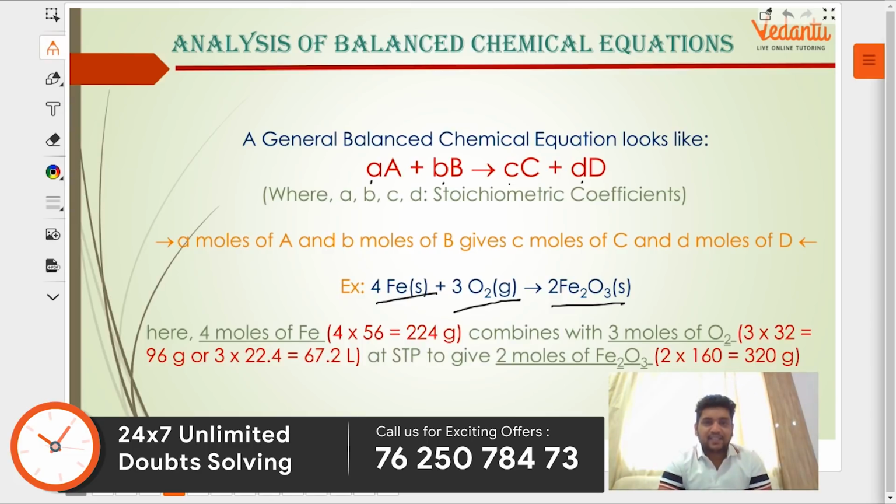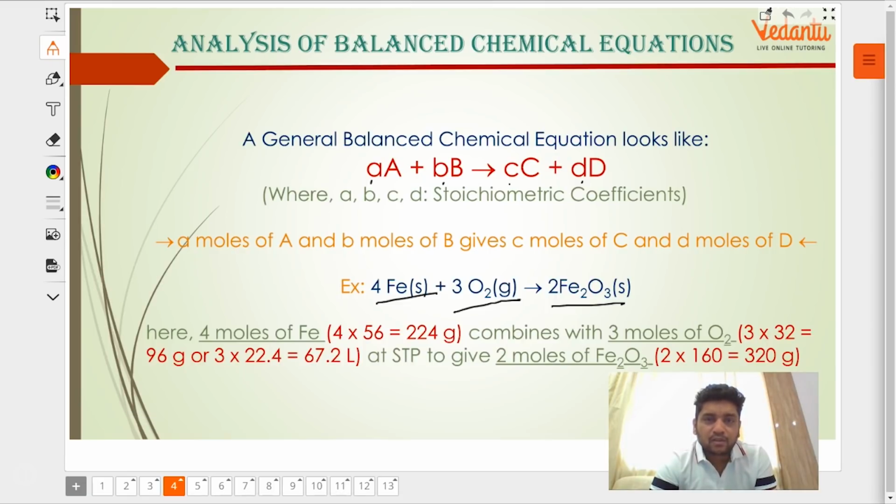When I see this reaction, what I can interpret is 4 moles of Fe combines with 3 moles of O2 to give you 2 moles of Fe2O3. So that is the comparison in terms of moles. To compare in terms of weight, I can say 4 into 56 grams of Fe, since the atomic mass of iron is 56, so 224 grams of Fe combines with 3 into 32, that is 96 grams of oxygen, or in terms of volume, 3 into 22.4, that is 67.2 liters at STP, to give 2 moles of Fe2O3.